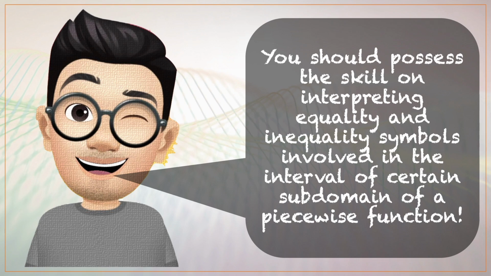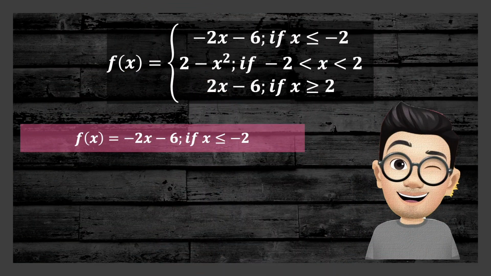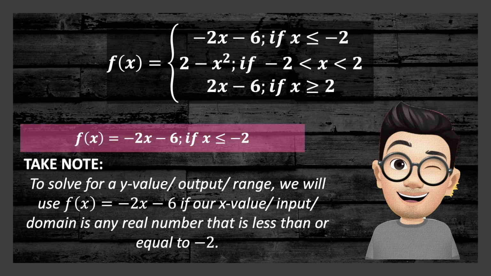The first subfunction of our piecewise function is telling us that when our x value or input or domain is any real number that is less than or equal to negative 2, we will use f of x equals negative 2x minus 6 to solve for its corresponding y value or output or range.